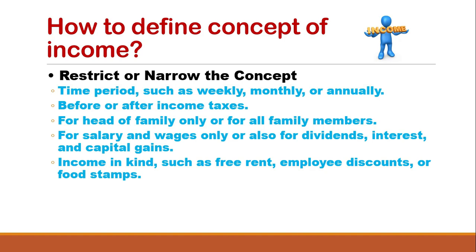So we might need to restrict our concept by specifying certain parameters such as time period, income before or after income taxes? Are we asking for income for head of family only or for all family members? Are we asking about income from salary and wages only, or do we also want them to add their dividends, interest or other kinds of incomes?